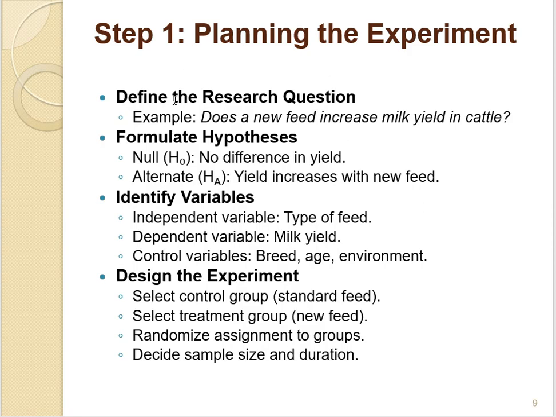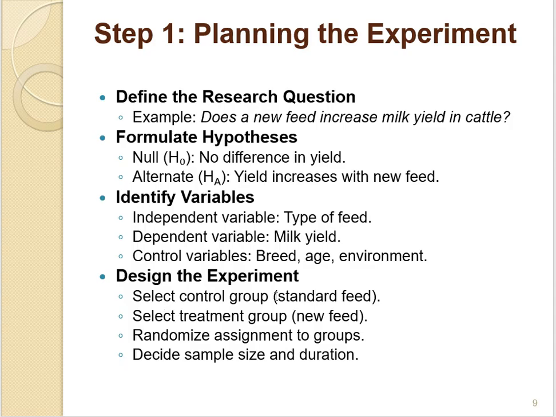So let's give a simple example. Planning the experiment, we will define the research question: does a new feed increase milk yield? We formulate hypothesis. Null hypothesis, no difference in yield. Alternate hypothesis, yield increases with new feed. We will identify variables. Independent variable is type of feed, dependent variable is milk yield, and control variables are breed, age, environment. Now we need to design the experiment.